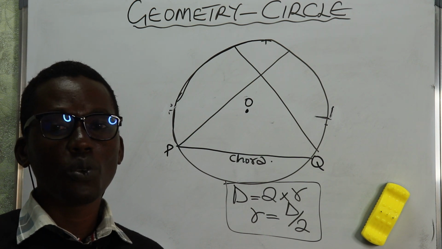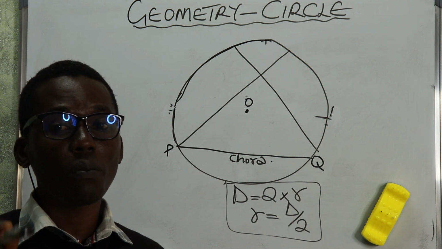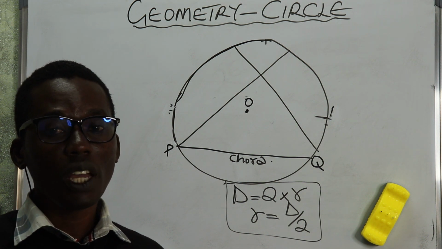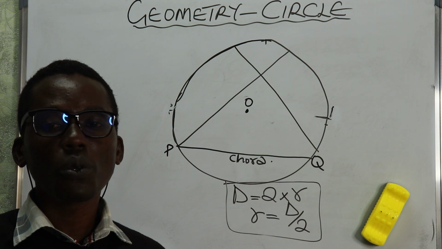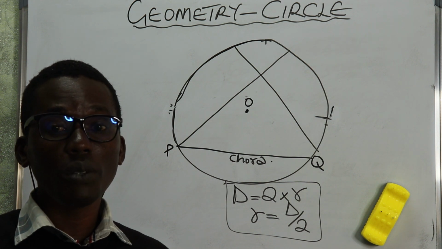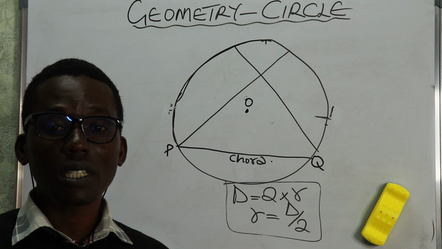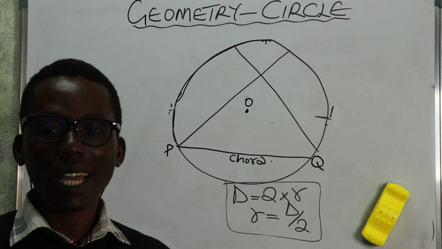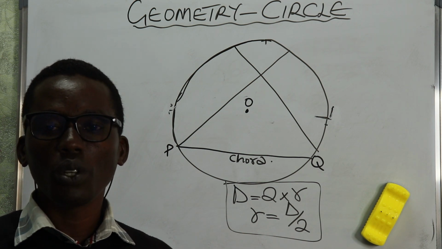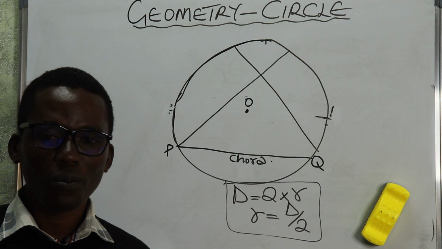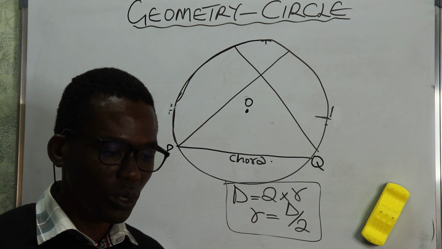So a line passing through the center can also be called a chord. In real sense, a diameter is also a chord, but it is the longest chord of any circle. Now I want you to take note of that.